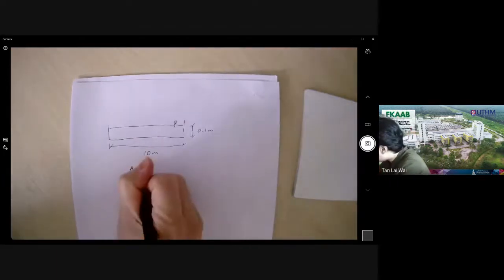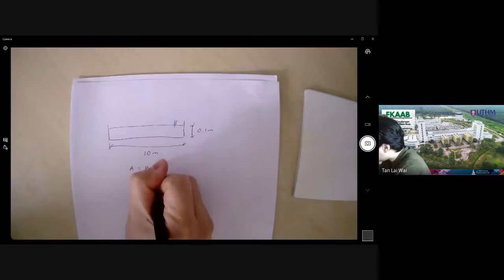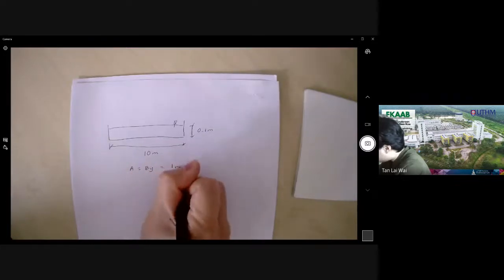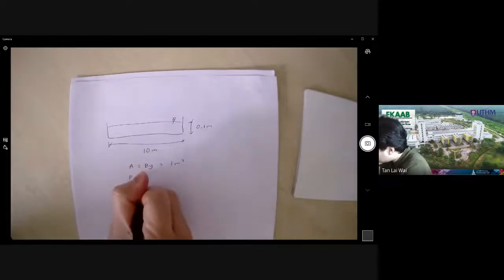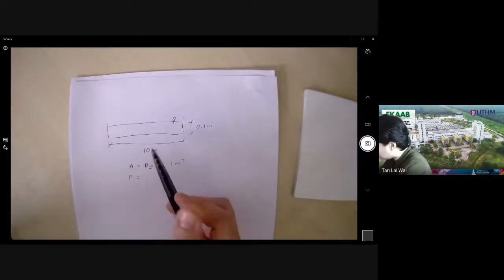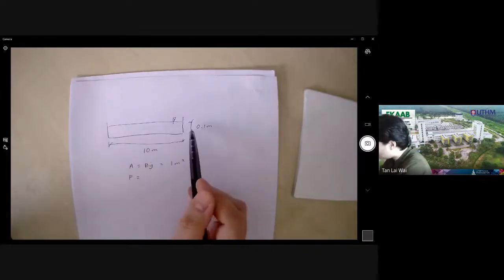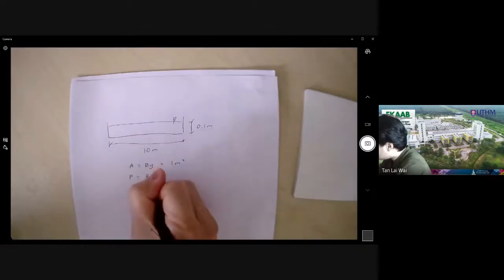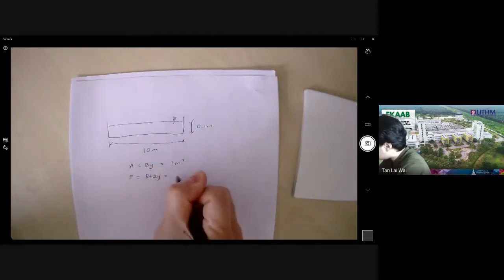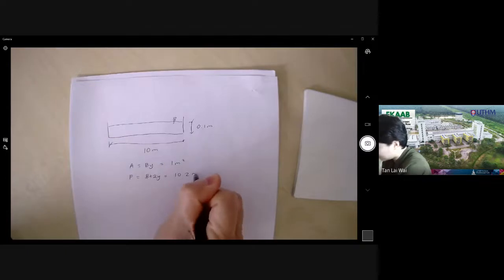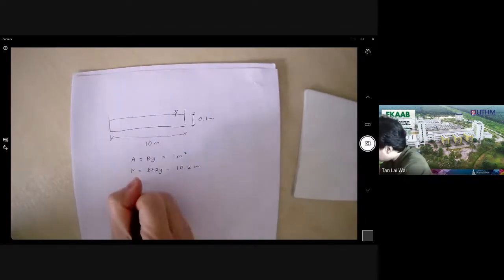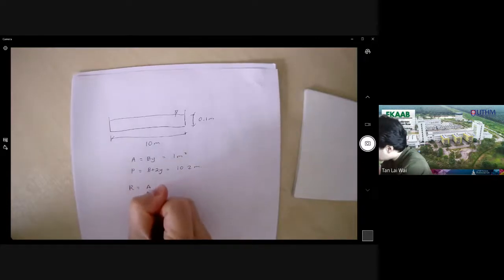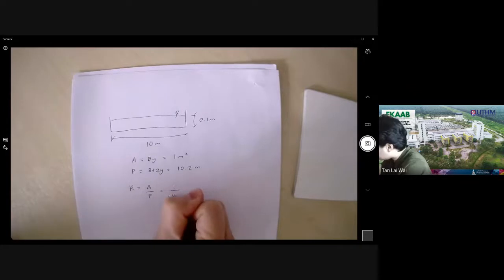In this case, our A is BY, which is 10 times 0.1, that is 1 meter squared. Then our wetted parameter would be b plus 2y, that is 10.2 meter. Now what is R? R is A divided by P, which is 1 divided by 10.2.